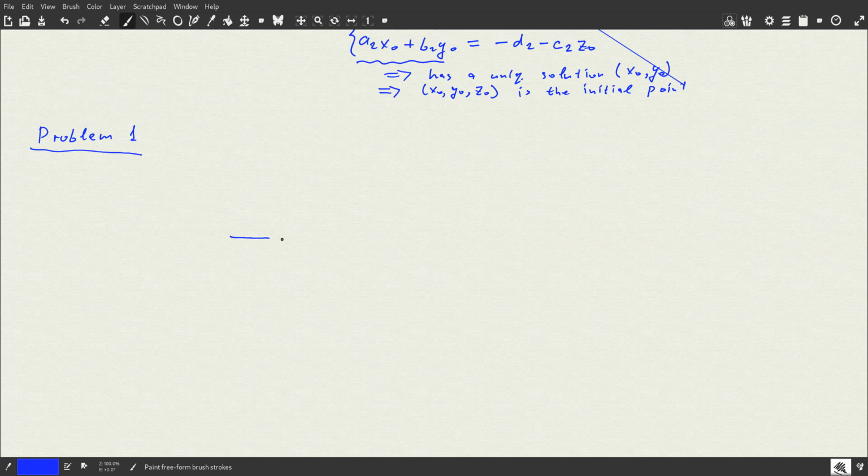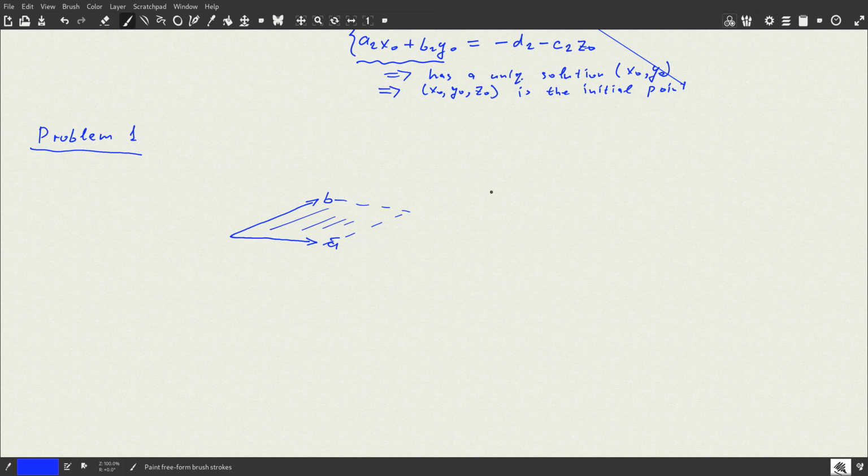Suppose that there are two vectors, A and B, and we say these are some kind of basic vectors. This is a basis. They are not collinear to each other.